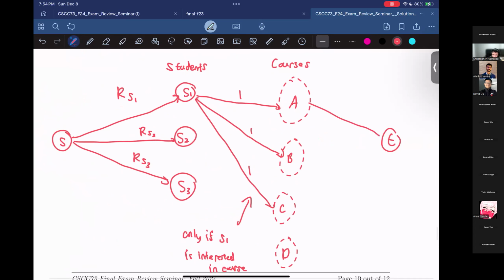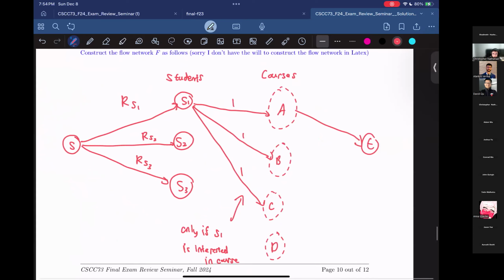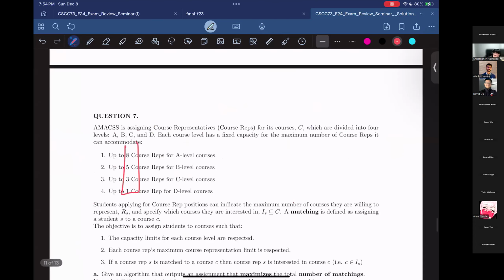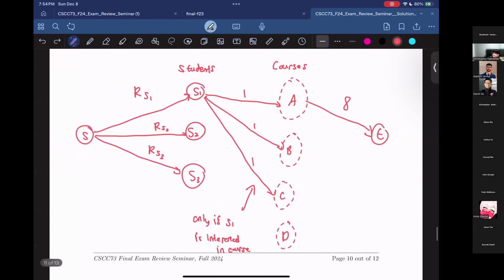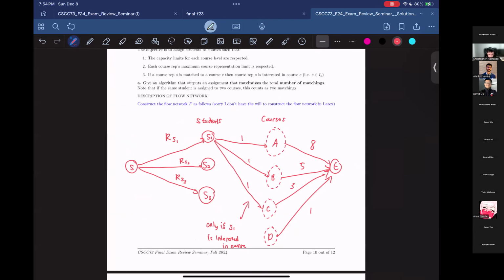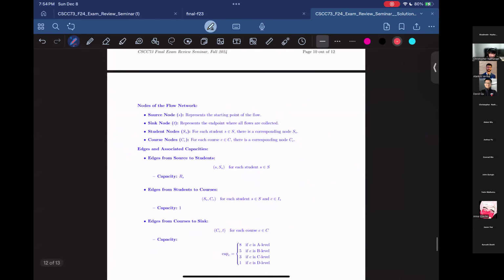What should be the capacity of courses from A to T? Yep, basically the constraints over here: 8, 5, 3, 1. And formally, this is what it seems.